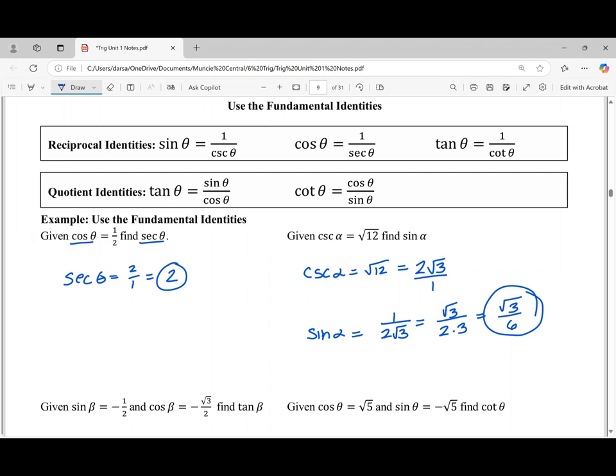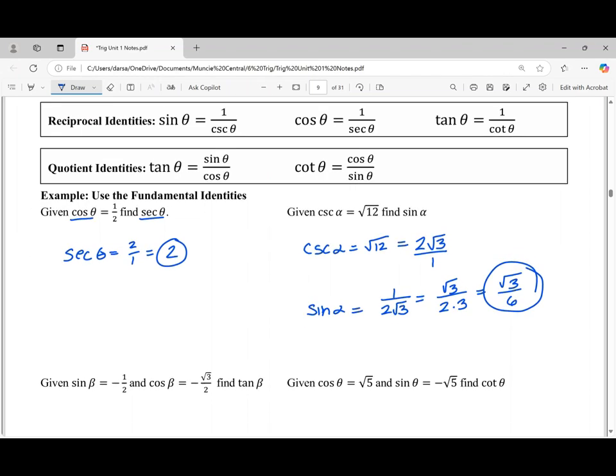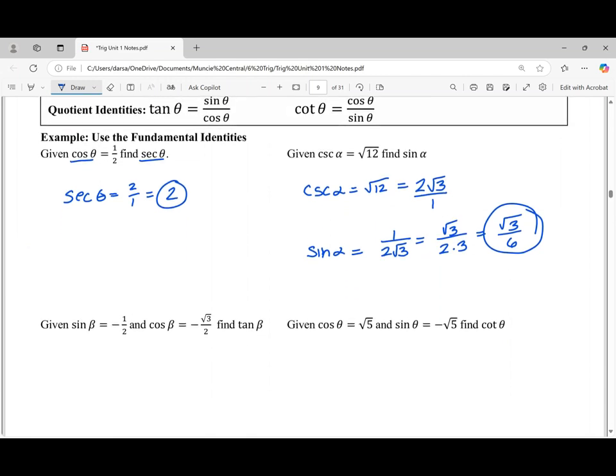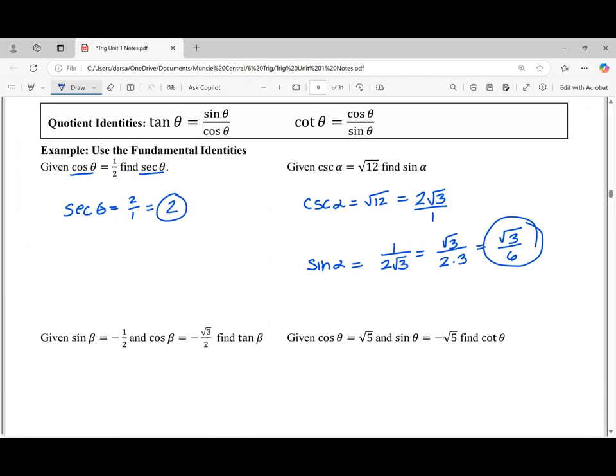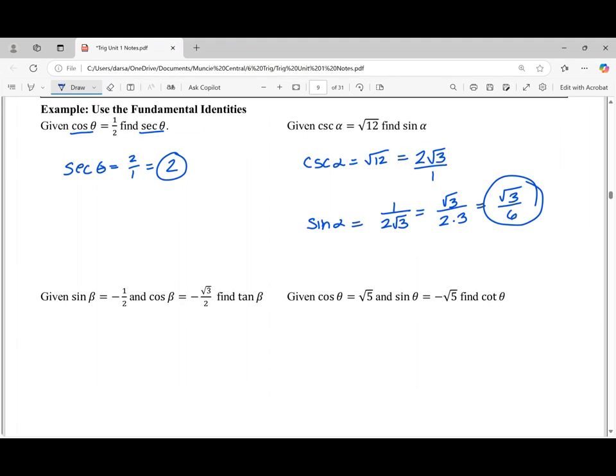Now, an identity that's a little more complicated is the quotient identities. Did you know you can find the tangent of theta by taking sine divided by cosine? That's a little bit tricky to understand, so we're going to do a quick proof to show you why that works. Let's think about sine of theta and cosine of theta.